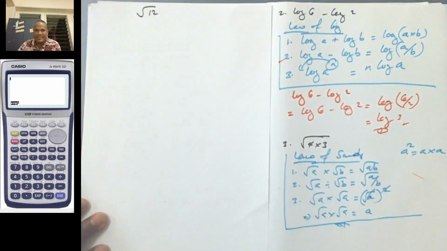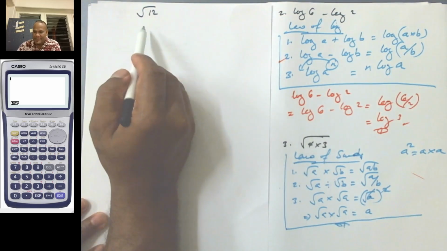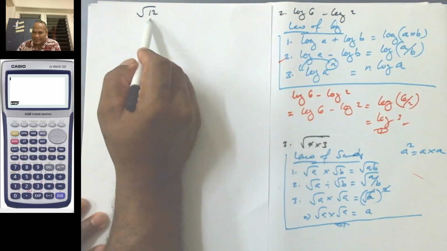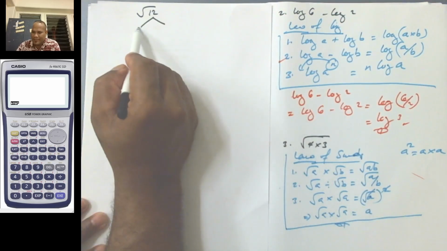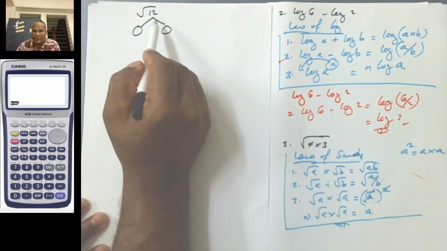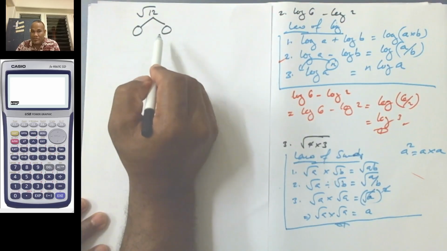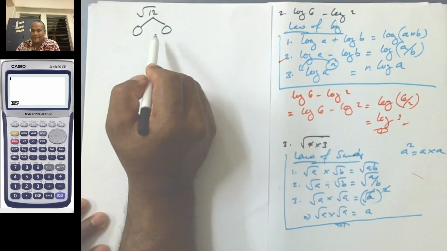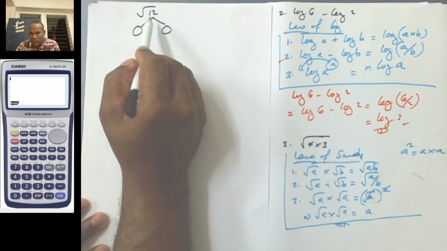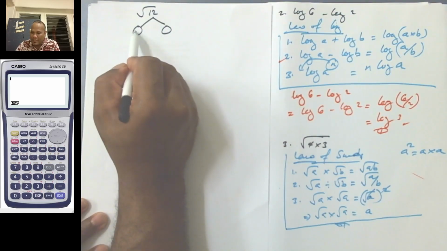And they usually say simplify this. So simplifying this, we need to look at two numbers that multiply to give you 12. And the trick here where many students fail is we need to look at a square number. In this case, for 12, 4 is a square number.